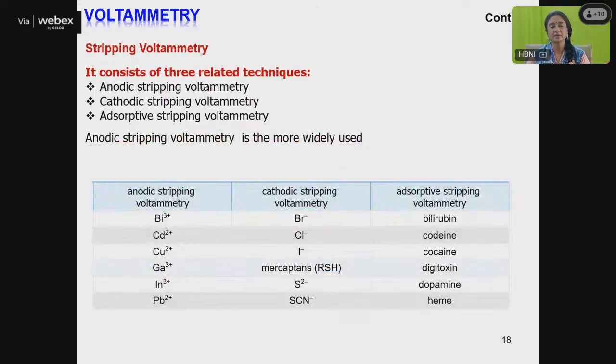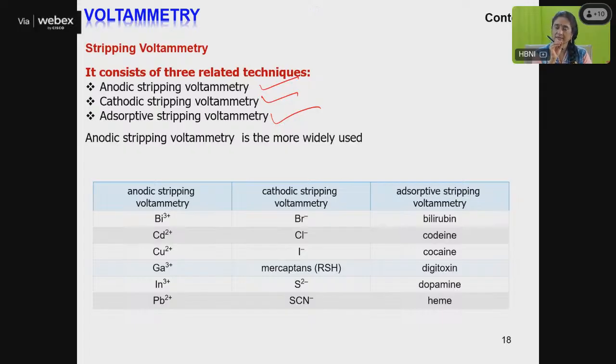Now there is also stripping voltammetry, where there is anode stripping voltammetry, cathode stripping voltammetry, and adsorptive stripping voltammetry. So what does stripping voltammetry mean? If your analyte concentration is very, very low, in the ppb to sub-ppb range, what do we do? You first apply a potential to reduce the analyte, and it will be reduced, forming an amalgam with the mercury.